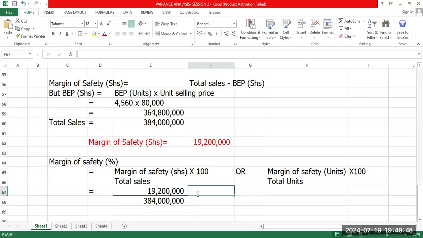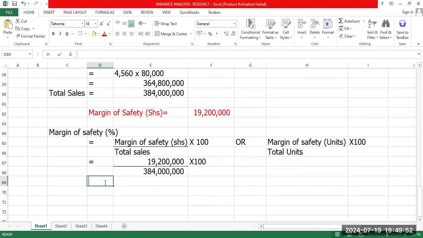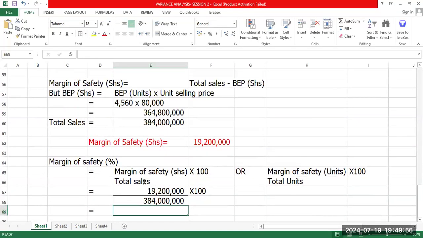Then the figure we get, we multiply by 100. What do you get as your percentage?